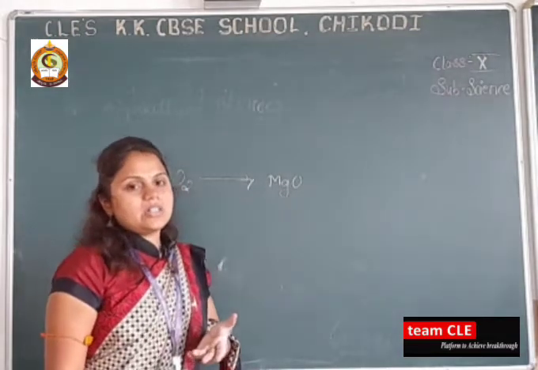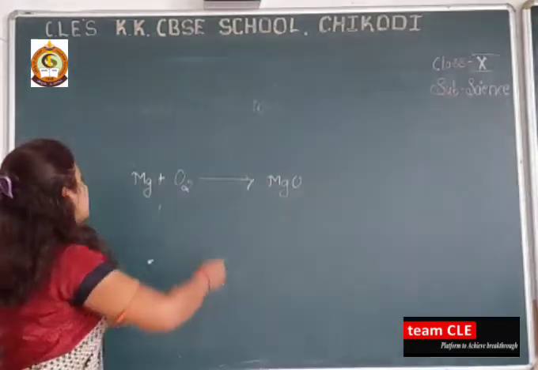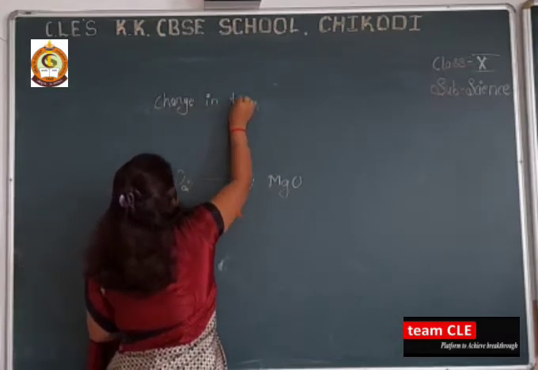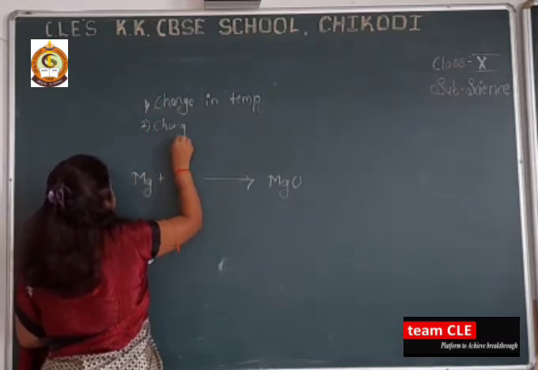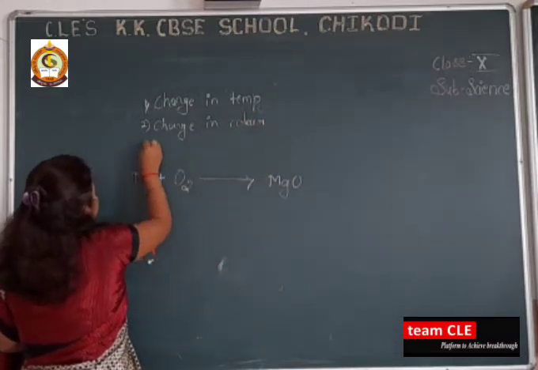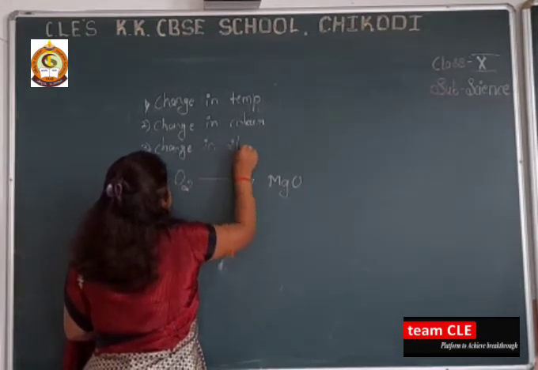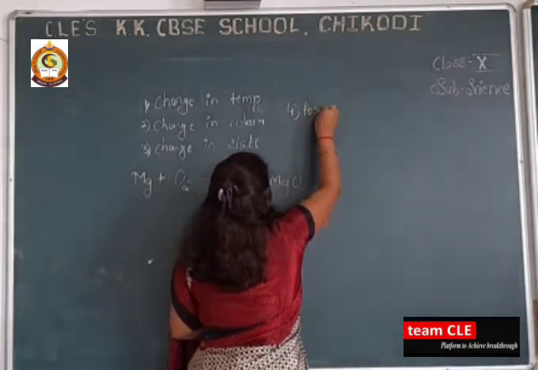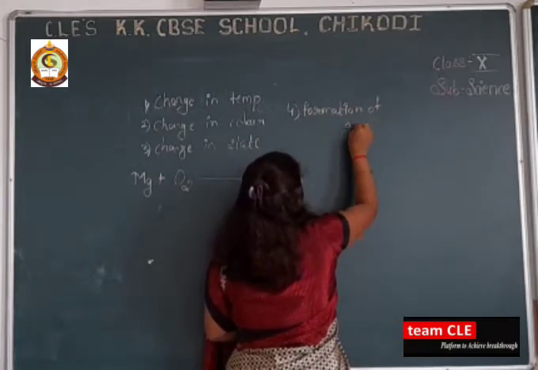When chemical reactions take place, some criteria change. What are those? The first is change in temperature, second is change in color, third is change in state, and fourth is formation of gas or evolution of gas.